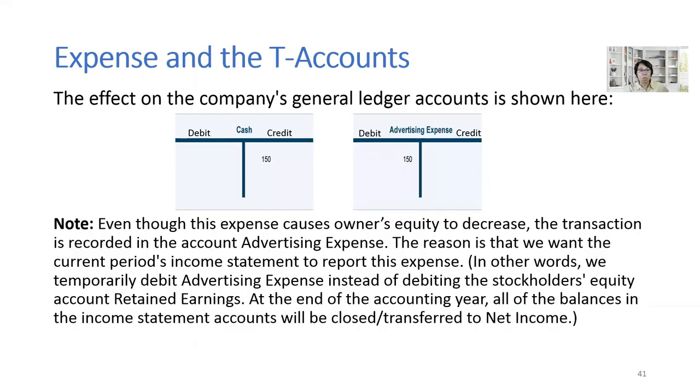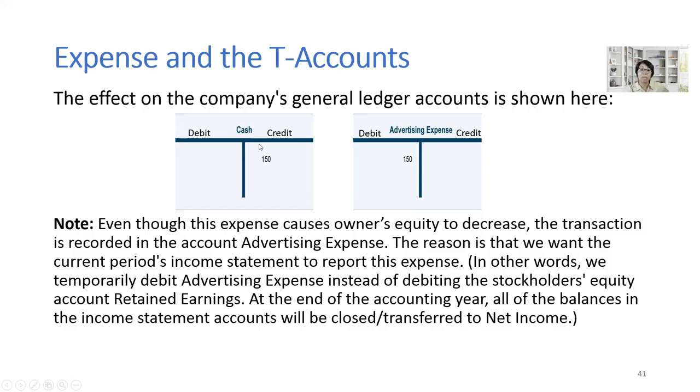So this is how you show it on a T account. Your cash. I don't know if you remember, debit means make an asset go up, and cash is an asset. But we're not debiting it. Our cash didn't go up, it went down. So what do we have to do? Credit cash, our bank account.